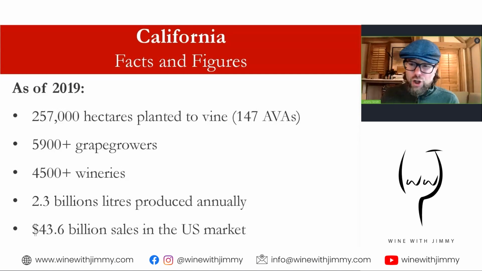We have 147 AVAs, that's American viticultural areas. So things like Sonoma County, Russian River, things like Napa, and all the nestled ones as well. So you've got a rather complex mosaic in terms of geography for all of the mapping of these key areas.